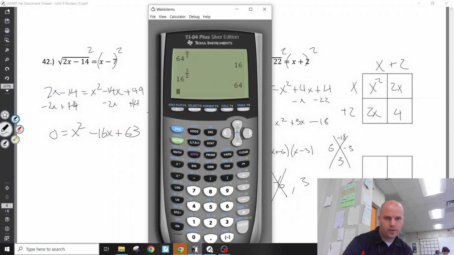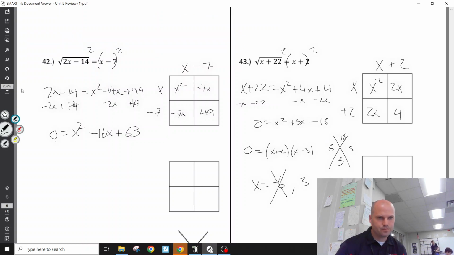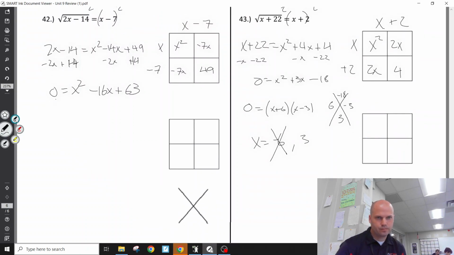I've got to use my calculator for this. Factors of 63, 21 and 3. Nine and 7 work. Negative 9, negative 7. I guess I could do it down here. Giving me x minus 9, x minus 7.